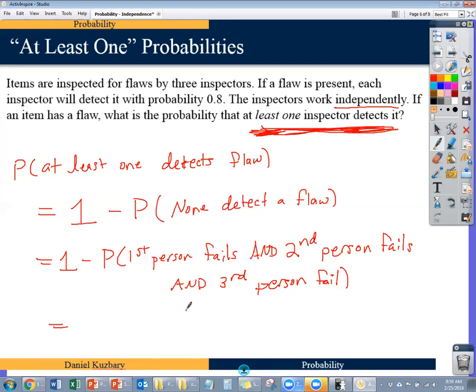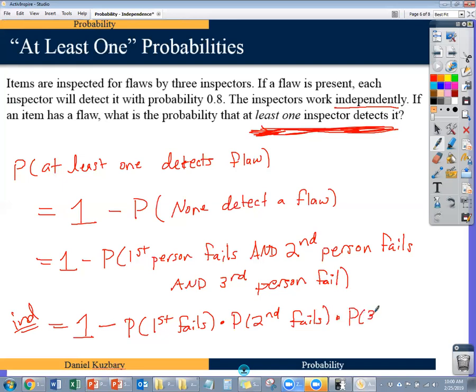And now I'm going to expand on the multiplication rule that says if I'm finding an and with independent events, that's just going to be these three probabilities separate, all multiplied together. Let me write that out so you know what I mean. Since these are independent, this equal sign comes from the fact they're independent. This is the probability that the first person fails times the probability that the second person fails times the probability the third person fails.